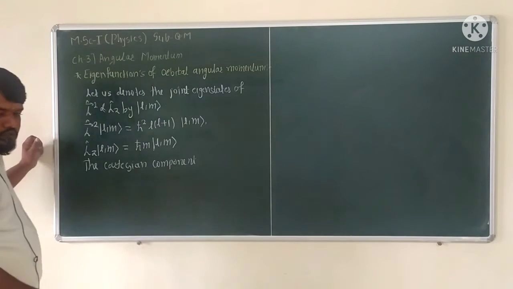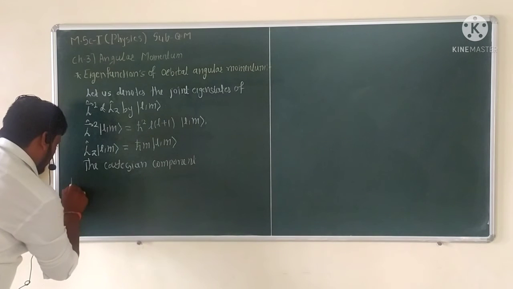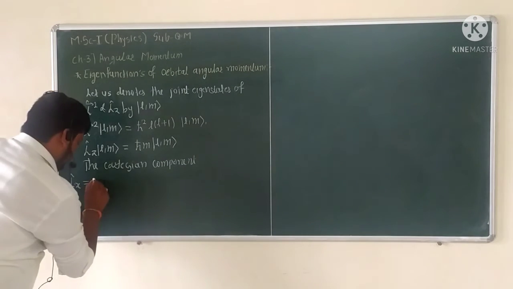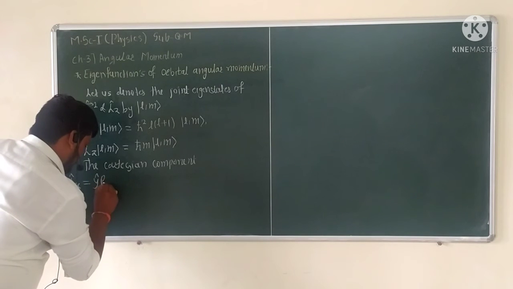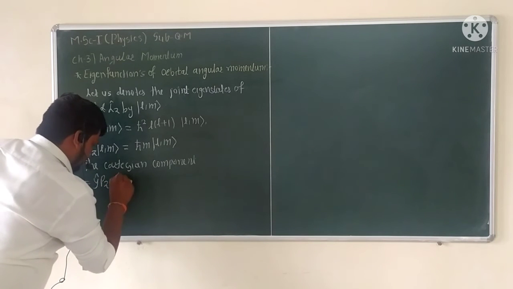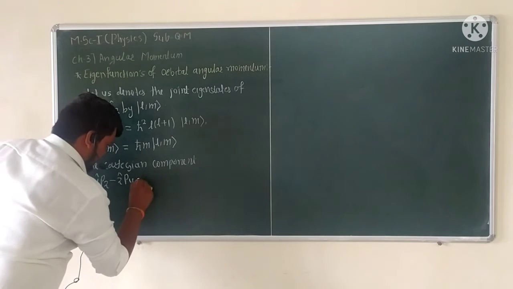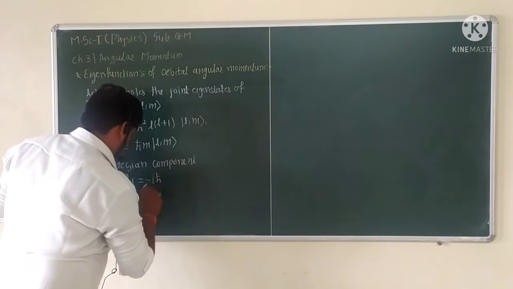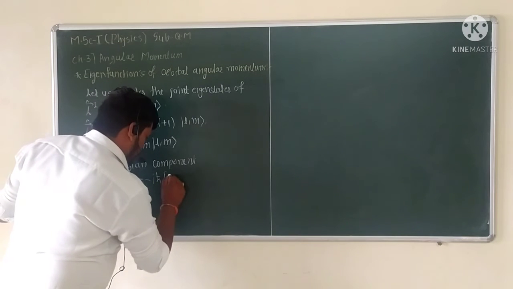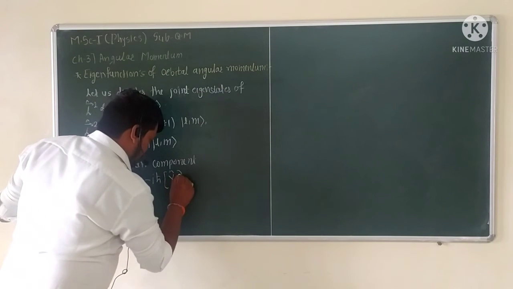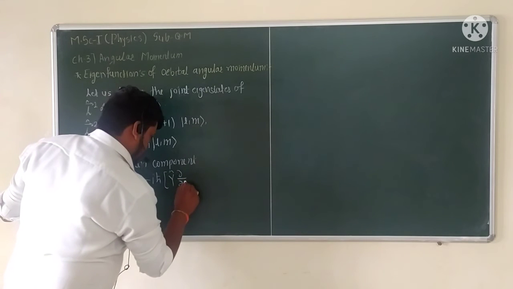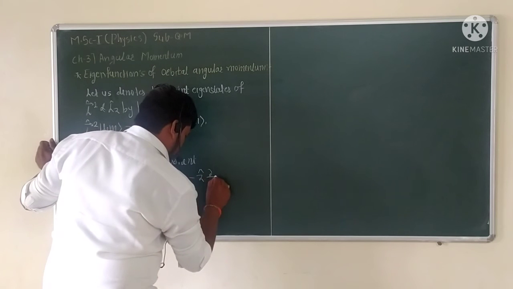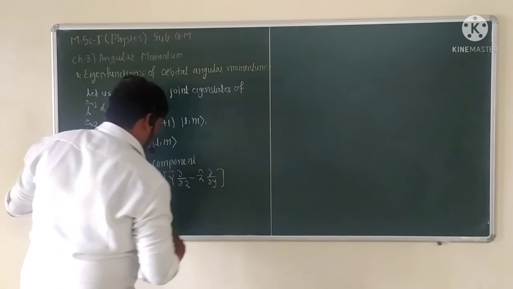First is the Lx cap, which is nothing but y cap pz minus z cap py. That is nothing but minus i h cross of y cap dou by dou z minus z cap dou by dou y.